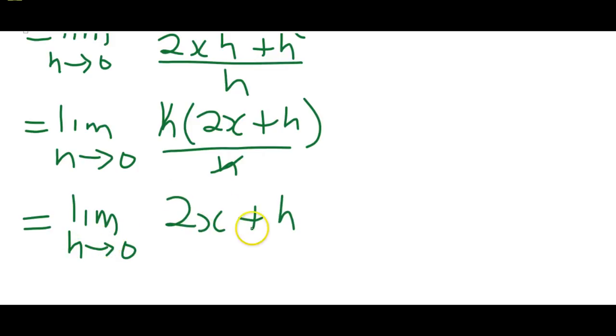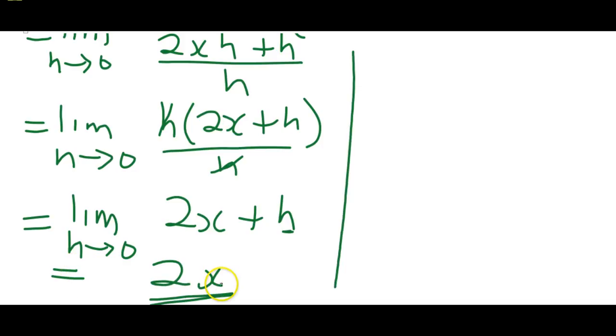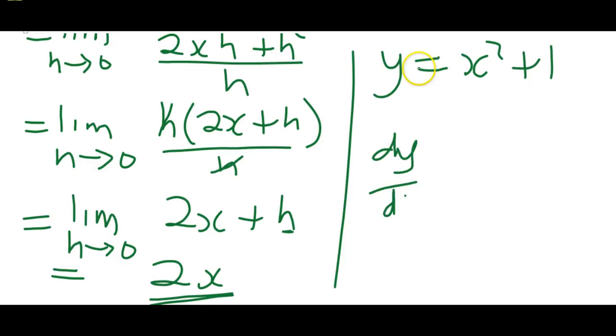Now as we take the limit as h approaches 0 and we put 0 in place of h, which of course is how we do limits, we have 2x as our result. And so the differential of y equals x squared plus 1 means our dy/dx will be equal to 2x.